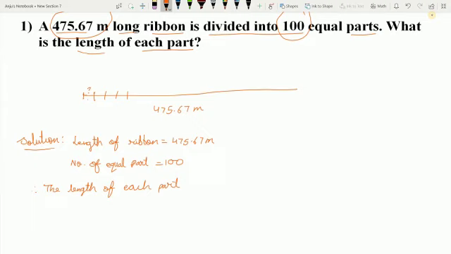Therefore, the length of each part is equal to 475.67 divided by 100. Students, here we will divide because the total length is given, which is 475.67, and we have to find the length of one part.